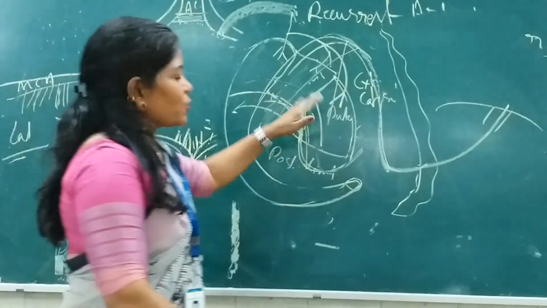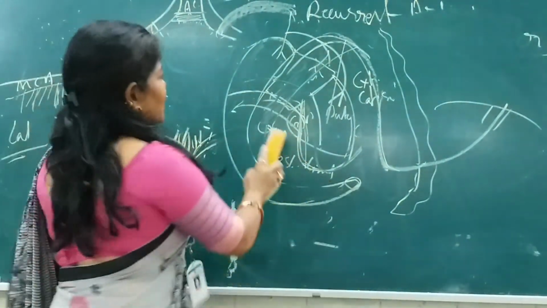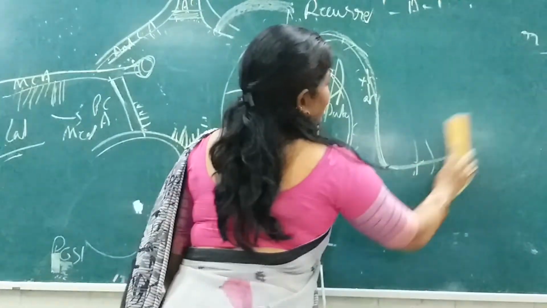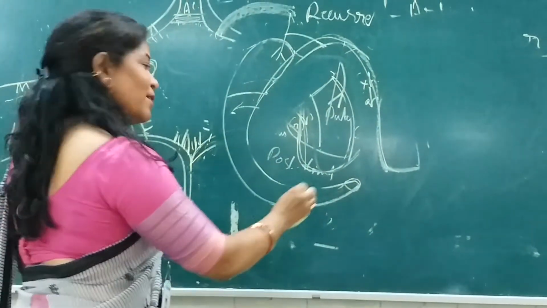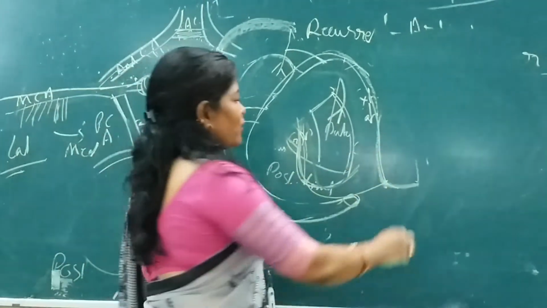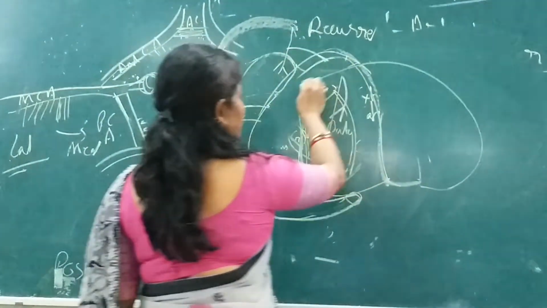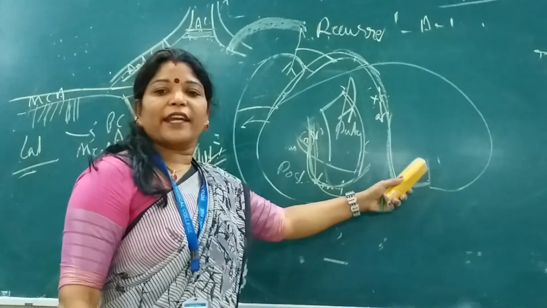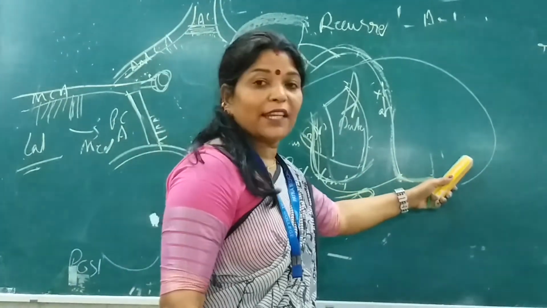So there are two patterns of this. Medial will supply through the lentiform nucleus, and lateral will supply through the external capsule, and that's why these are the lateral striate branches of the middle cerebral artery.